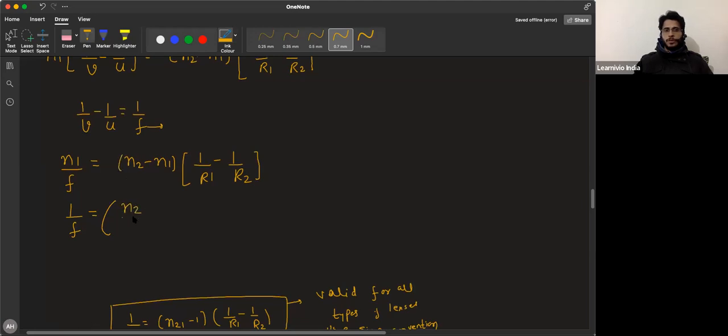So it's N2 by N1 minus N1 by N1, 1 by R1 minus 1 by R2. See, N2 by N1 can be written as N21, minus 1, 1 by R1 minus 1 by R2.